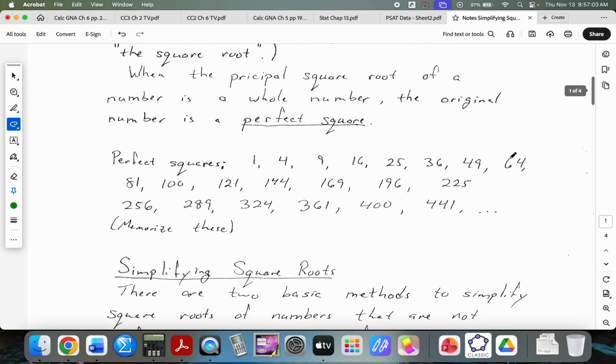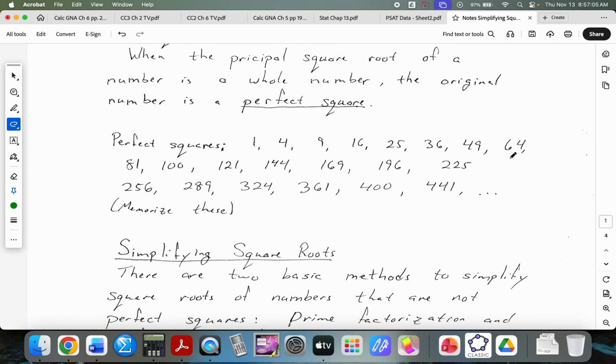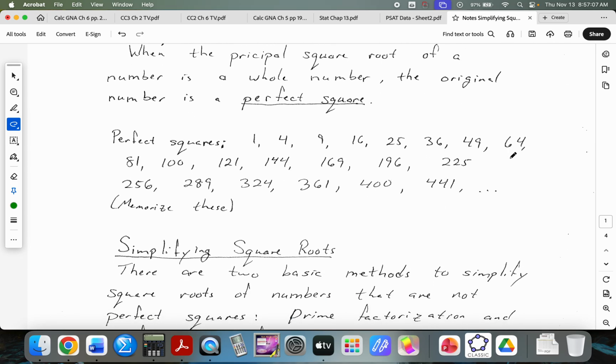So one of the important things that you need to know is something about the principal square root. And when it's a whole number, that original number is called a perfect square. You should have a lot of these already memorized, and since you're doing everything in this unit without a calculator, you should extend whatever it is that you do know.